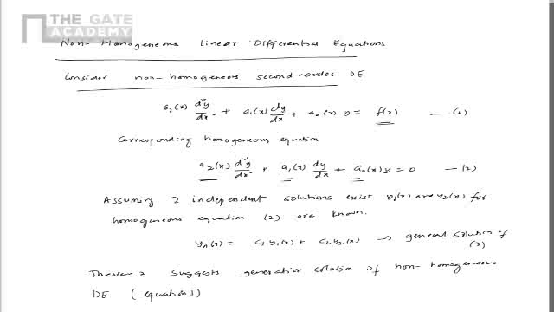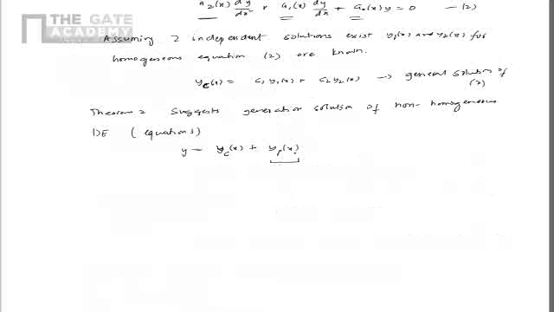Theorem 2, or basically the fact 2, is what we saw at the beginning of the linear differential equation case. It says the general solution is the complementary function plus the particular integral. This is one of the solutions for the non-homogeneous case.